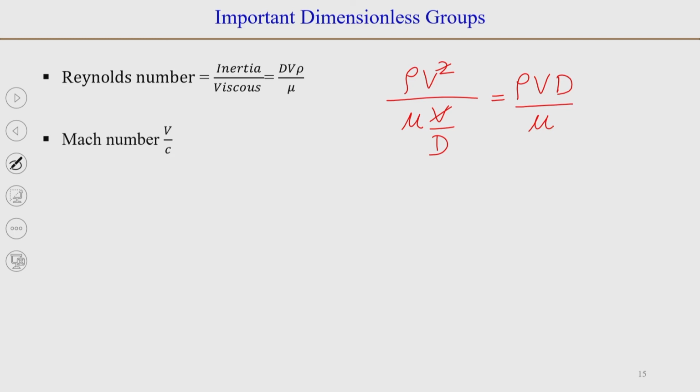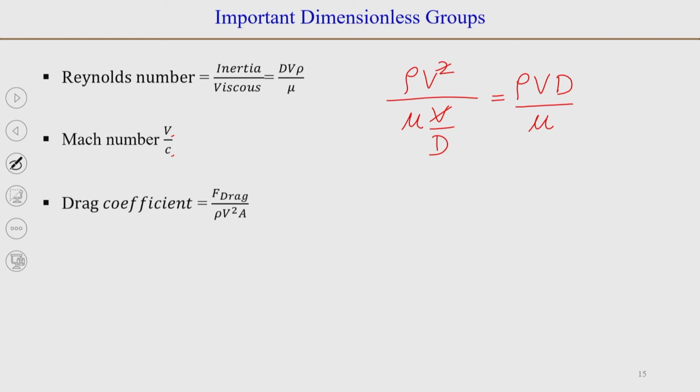Then Mach number, you would have heard about Mach number, which is the ratio of two speeds: the speed of the fluid, where c is the speed of sound, or it might be the speed of the aeroplane that is flying in air divided by the speed of sound. So, this v is basically the relative speed between the fluid and the body, and c is the speed of sound. So, that is called Mach number, the ratio of two speeds.